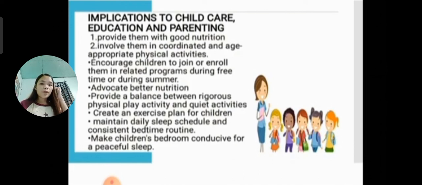And advocate better nutrition. Provide a balance between rigorous physical play activity and quiet activities, and create an exercise plan for children, maintain daily sleep schedule and consistent bedtime routine, and also make children's bedroom conducive for a peaceful sleep.